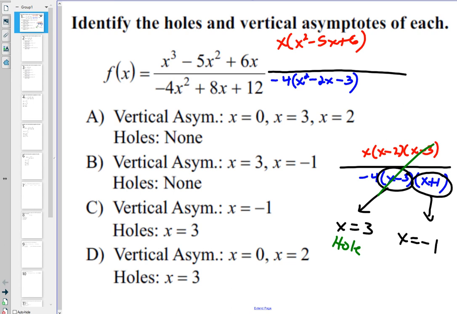Plug in the 3. Now you have to do it after you remove those x minus 3s. Because if you plug it in with the x minus 3 still there, that's what the discontinuity is caused by. You get an error. But if you remove the x minus 3 and then plug in a 3, you get the y. Because the x plus 1 does not cancel, what type of discontinuity is at negative 1 going to be? Vertical asymptote.